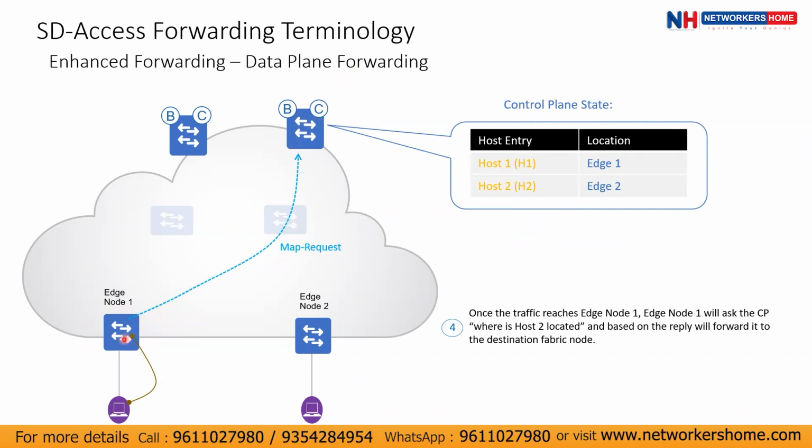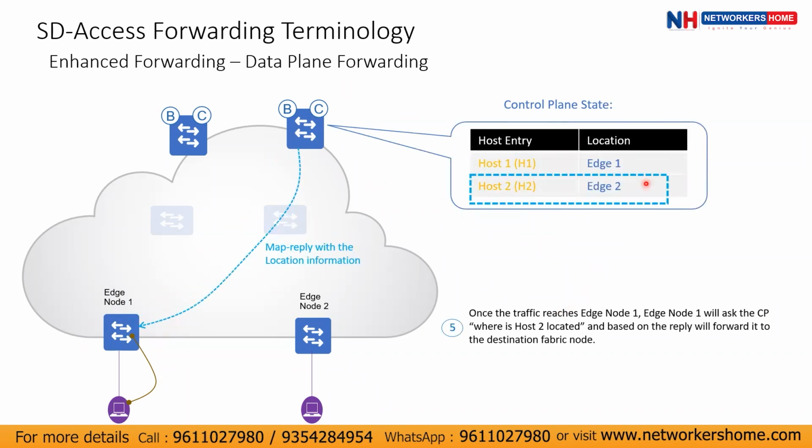So Fabric Edge will ask the control plane, hey, I want to reach this host. Where should I go? Here's the entry to Fabric Edge 2, right? It gives the response that if you want to reach host 2, please go to edge 2. So that is the map reply with the location information.